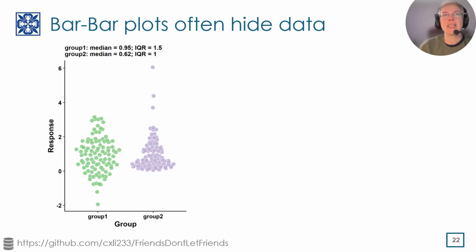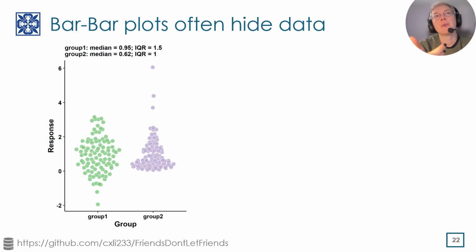But the thing is that the bar graphs are going to hide the data between these descriptive statistics values, so the average and the standard deviation or the confidence interval. And if you dig a bit deeper, and for example, here you see the data with sort of a jitter that's applied to it and a violin shape that's attached to it.